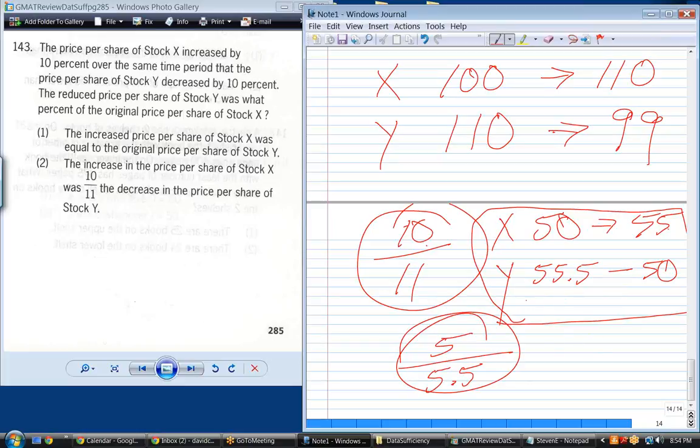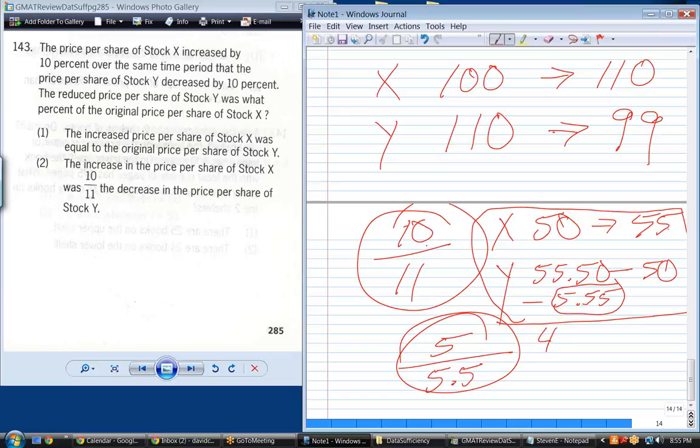Let's see. I want to subtract from this. No, it really isn't. If I take away 10% of Y's price, I don't get 50. I get 49.50. Here's 10% right there, and I'm subtracting it from this. I don't get a 0 as the last digit.